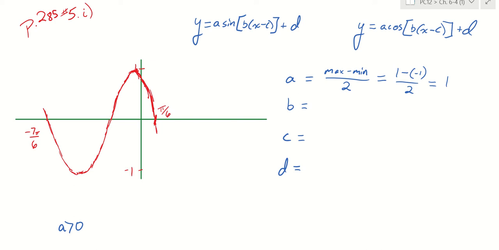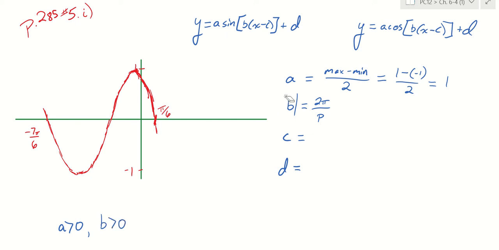What about our B value? Well, we know our B value is really just 2 pi over the period. Technically, this is for the absolute value of b, but again, the question says it wants a b parameter that's positive anyways.